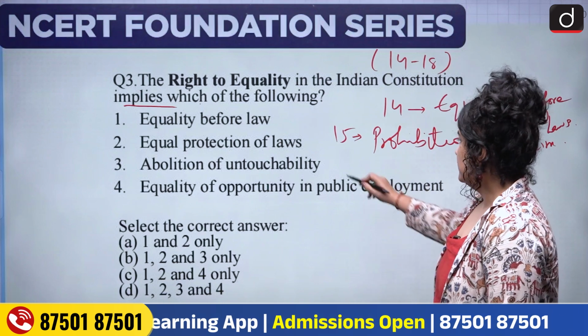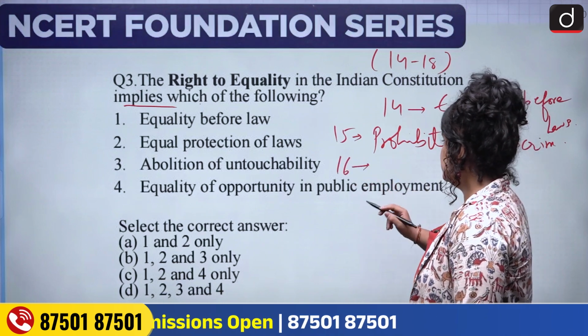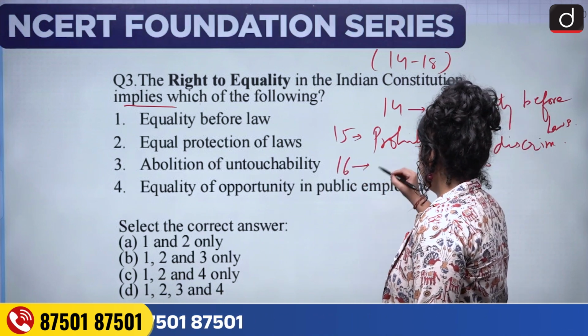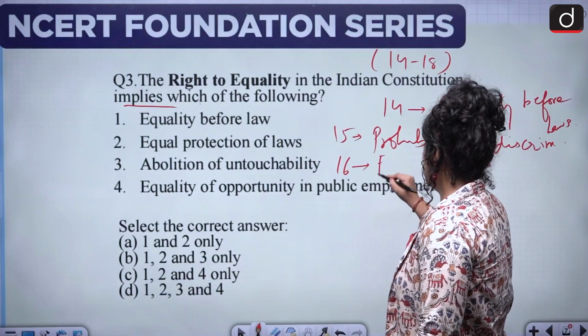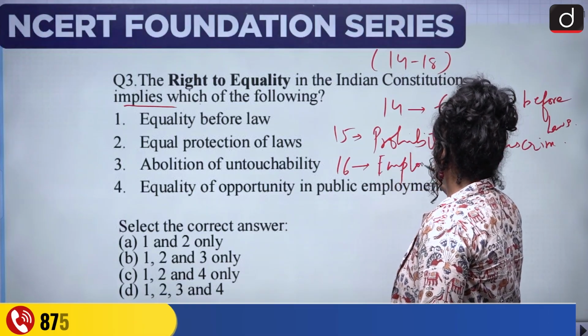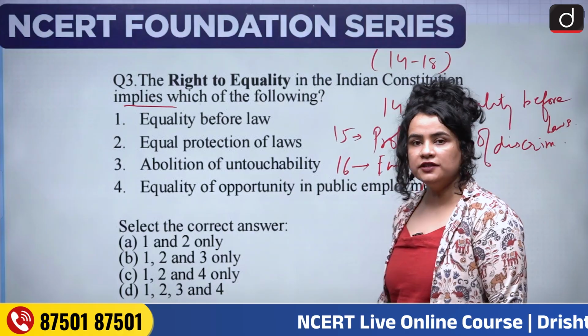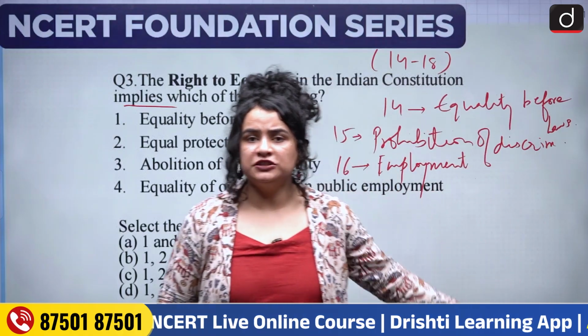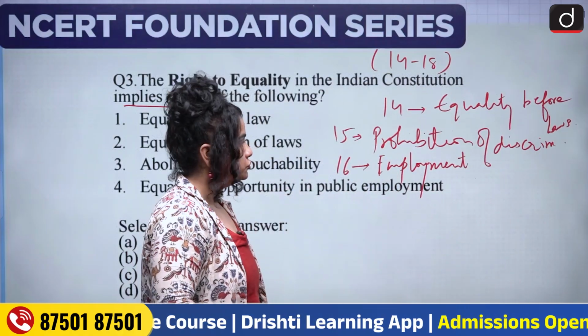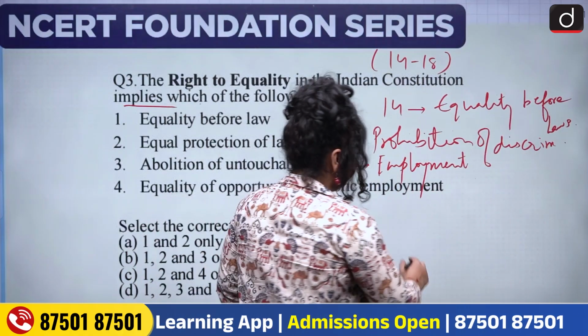All right. Article 16 talks about equality in the matters of employment. Right. This is the topic of public employment, or fair equality of opportunity in the matters of employment to an office of the state.